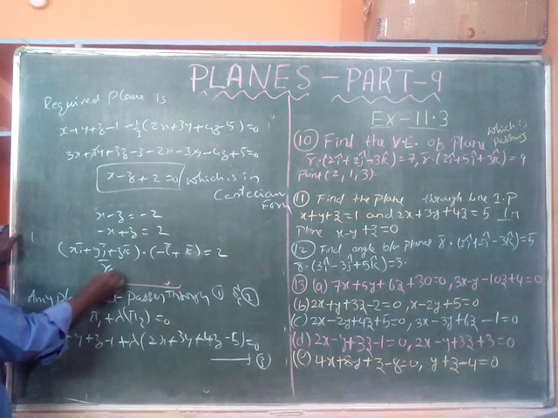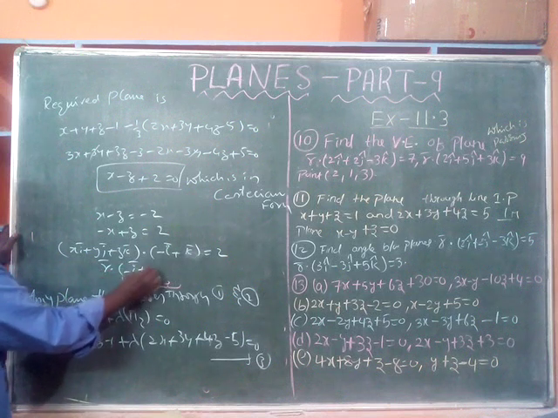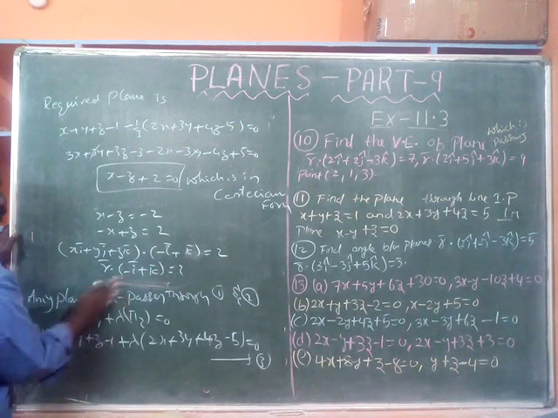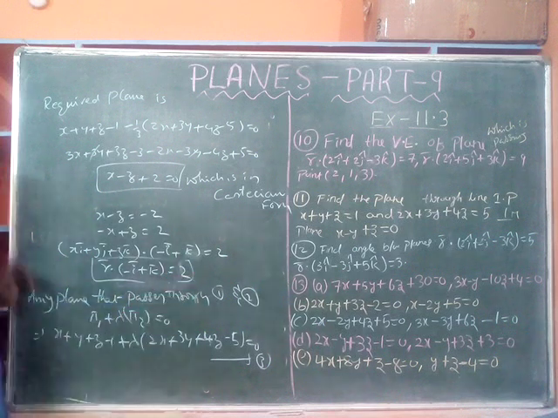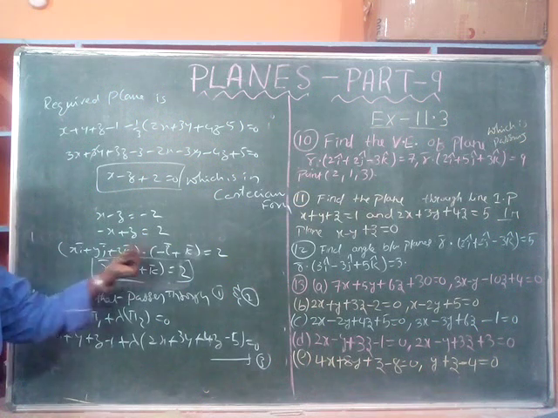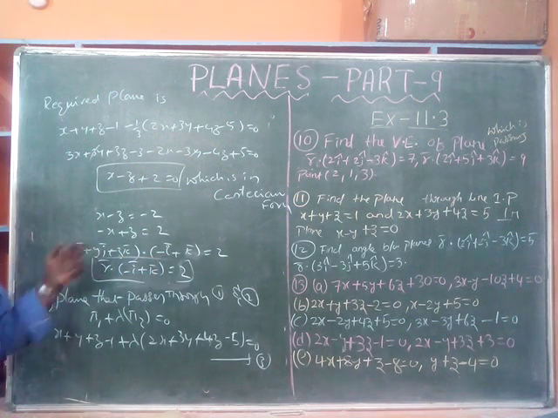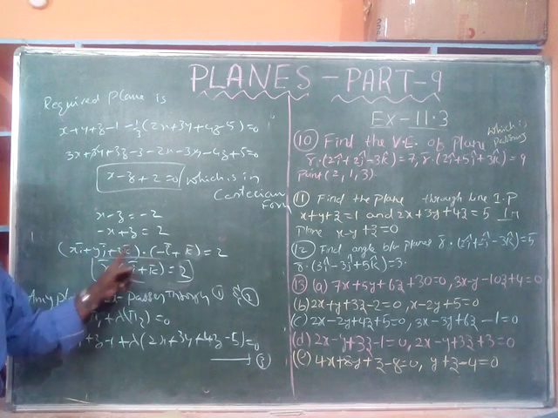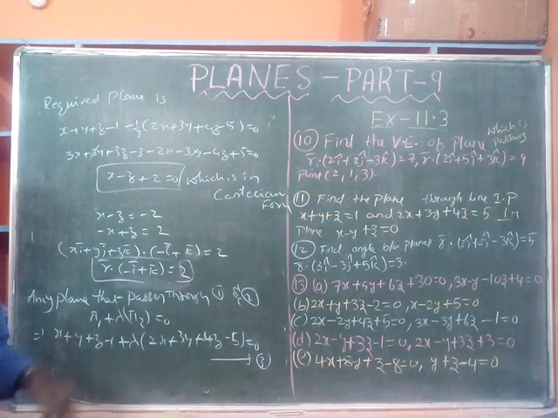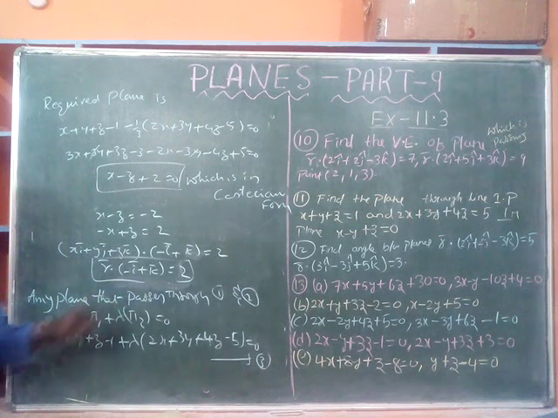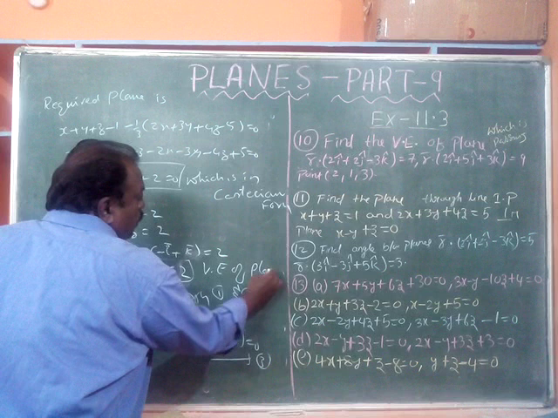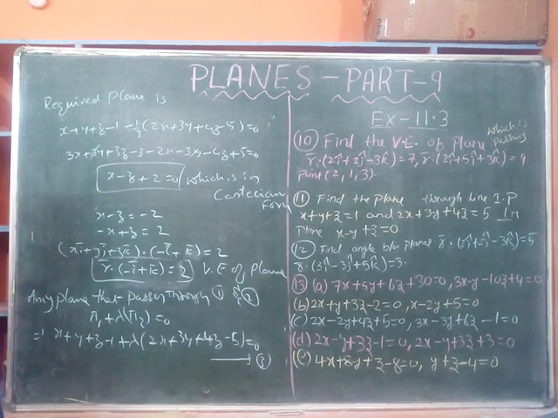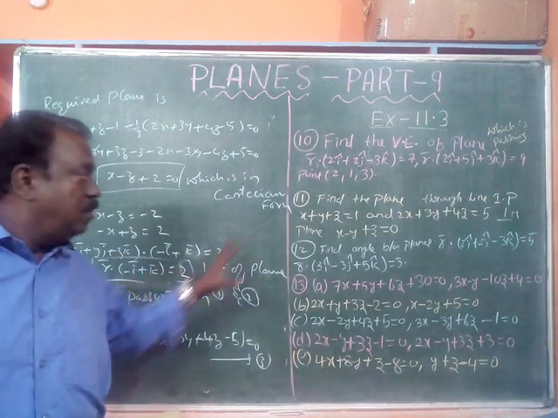That is r bar dot (minus i plus k) is equal to 2. We have to write like this. Okay? Because xi minus i gives minus x, j is not there, so k dot k, z into 1, z is equal to 2. So we get it like that. This is the vector equation of the required plane. Like that we have to solve. It is important.